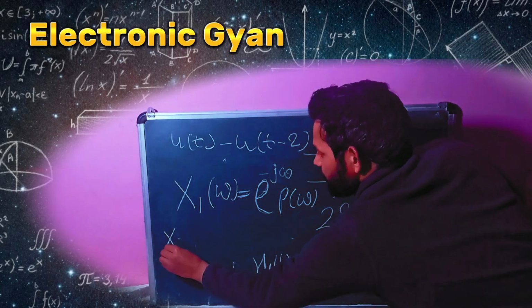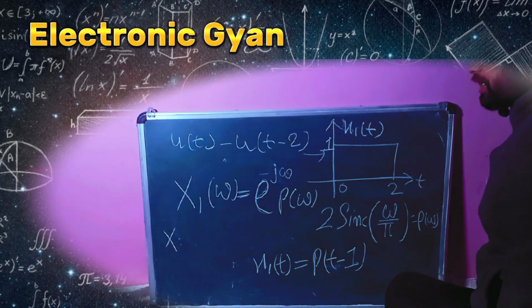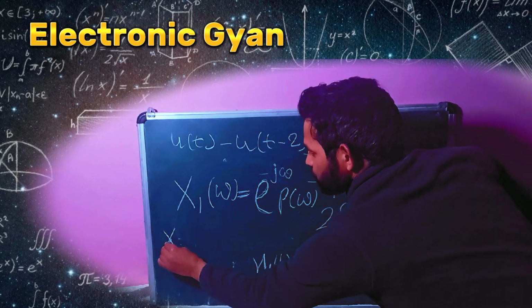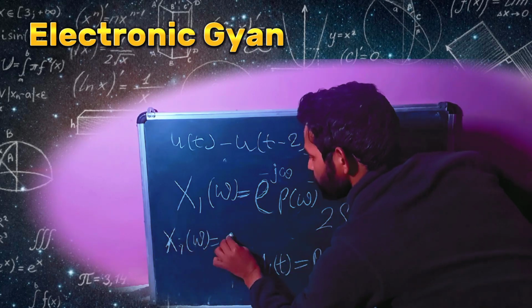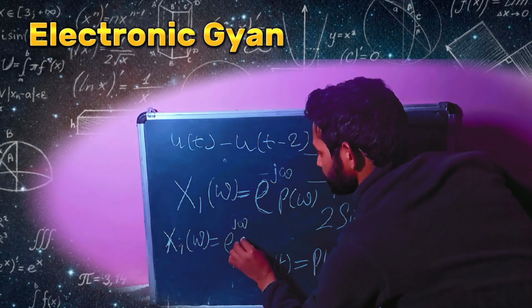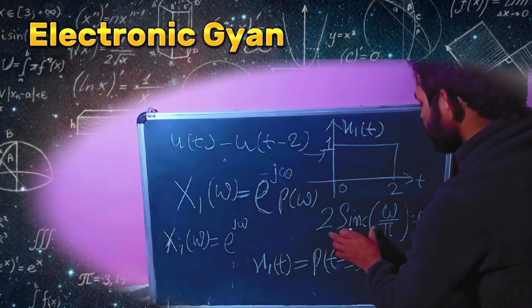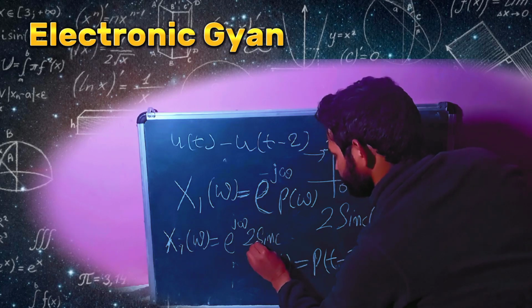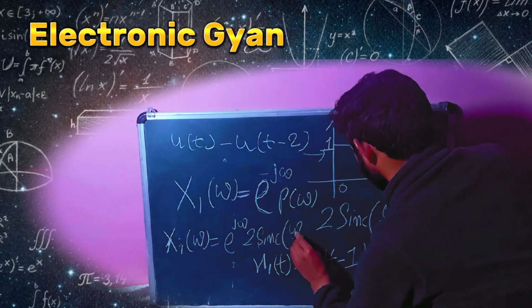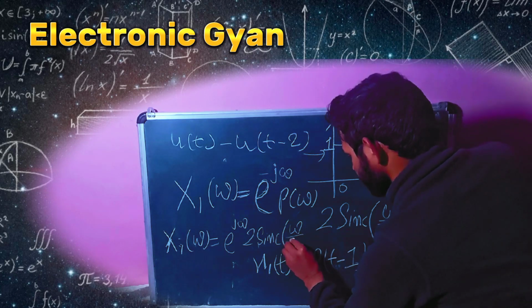So then I can write here x1 of omega is equal to e to the power minus j omega into p of omega. P of omega is nothing but sinc omega by pi.